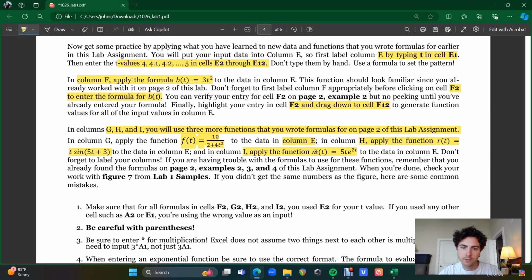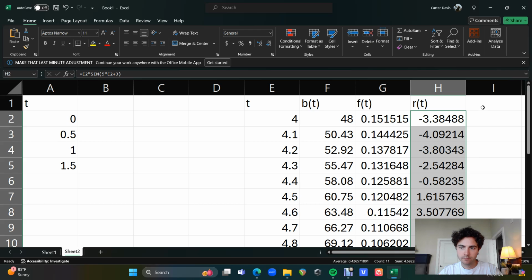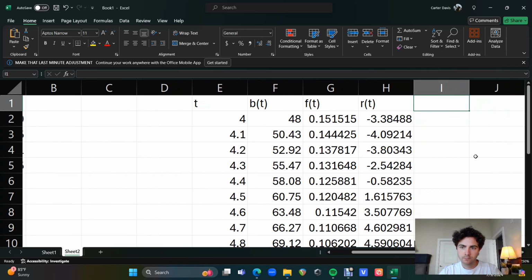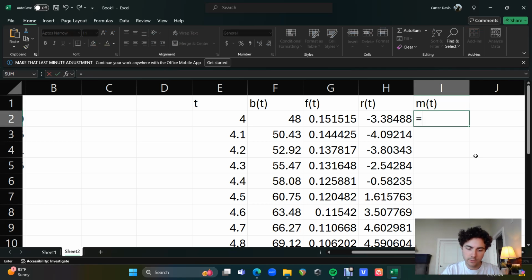Let's do the last one. Just m of t, and it's 5t e to the 2t. Equals, always start with equals, 5 times t times e, which is exp, to the 2t, so 2 times e2.